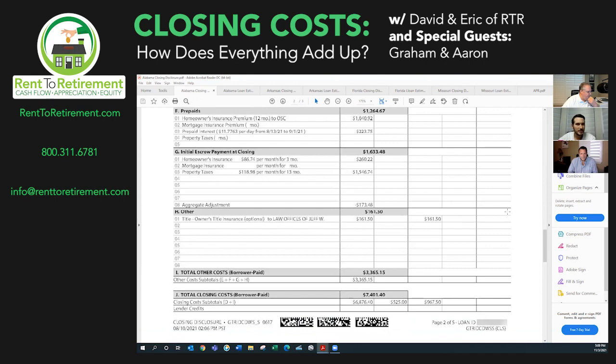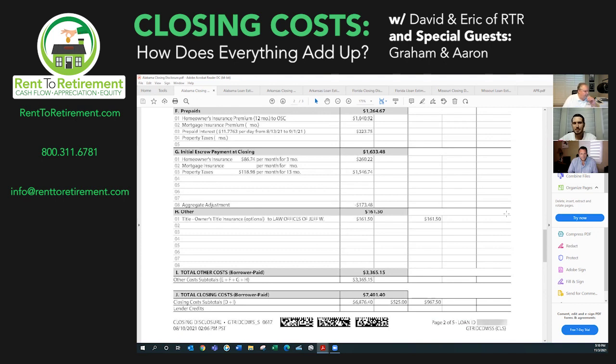Section G here. So here's a situation, just what I was alluding to, where depending on the time of year, the property tax bill might be owed, might be collected, and that can really skew numbers sometimes. Even though it's still property taxes, it has to be paid at the end of the day. So here we can see homeowners insurance, we're collecting an additional 3 months.